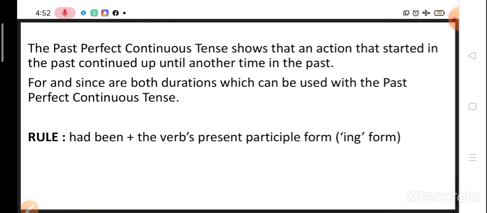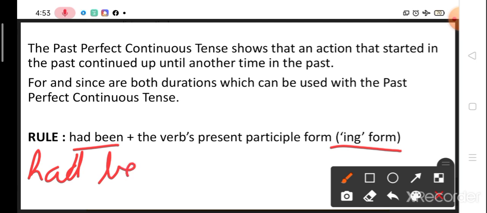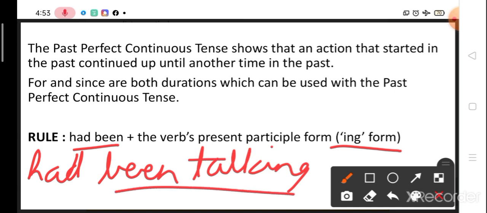For and since are both durations which can be used with such perfect continuous tenses, and the rule is had been plus the verb's present participle, that is the ing form, like had been talking. These type of formations we will make.